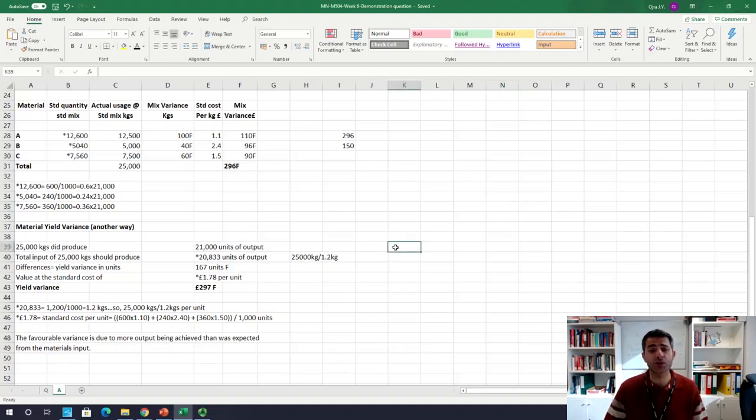Okay guys, so this is all to do with material mix and yield. As you see, the mechanics is very simple, very easy, and I hope you understand why we are using material mix and yield and what the purpose of using it is. Of course, material mix and yield is not suitable for all products. It's mainly for products related to food items, but not the car.